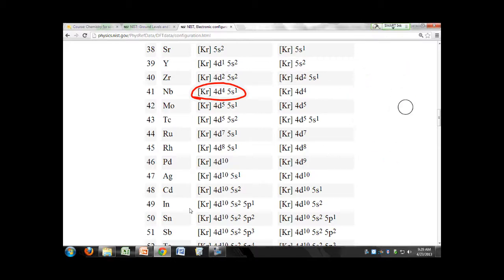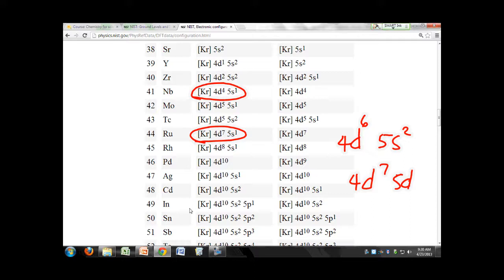Another exception you'll find is right here, ruthenium, 4d7 5s1. Again, shifting from the 5s to the 4d doesn't necessarily give you a half-filled subshell in the D subshell. So you're going from a fully filled subshell in the 5s to half-filled, but you're not gaining a half-filled subshell there. And RH, what is RH?